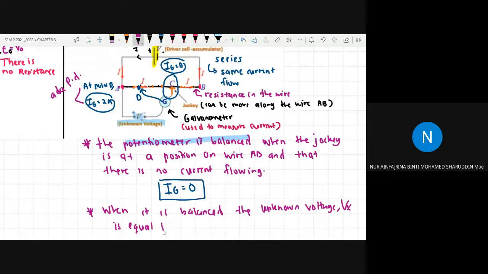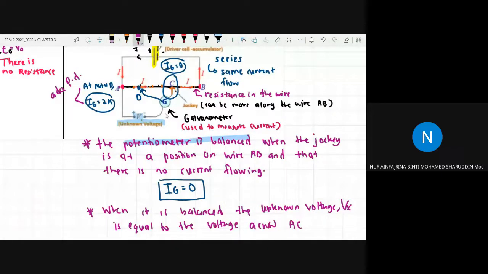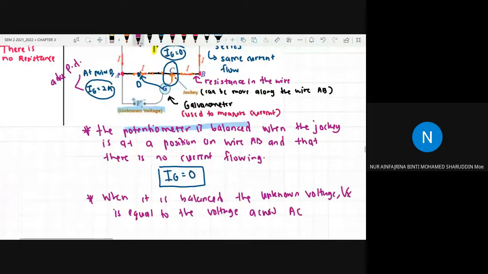So maksudnya sekarang kita akan ada Vx. Tahu kita ada unknown voltage which connected to the galvanometer as well. So bila potentiometer awak is balanced, maksudnya is when your galvanometer give the reading of current 0. So awak punya unknown voltage ini akan sama dengan voltage across AC.